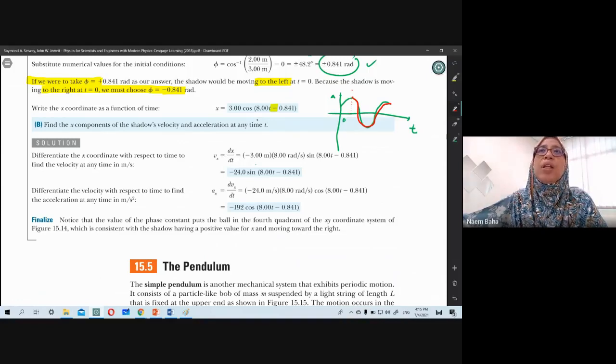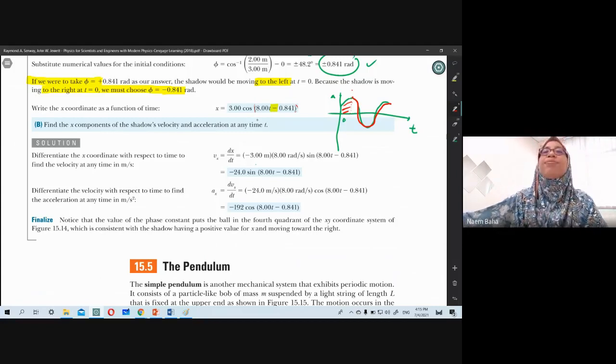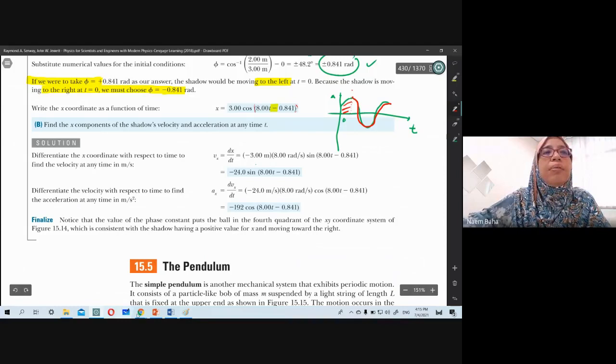Therefore, we need to do a little modification of the phase itself. What is the phase? The whole product in the bracket. So we have to throw away this portion, resulting in the negative. Understand?